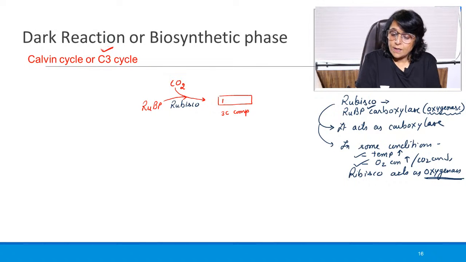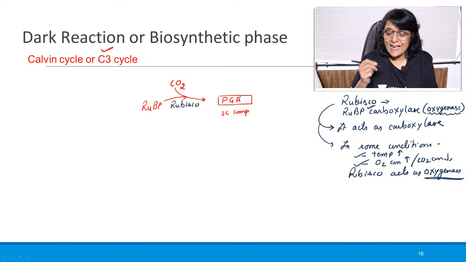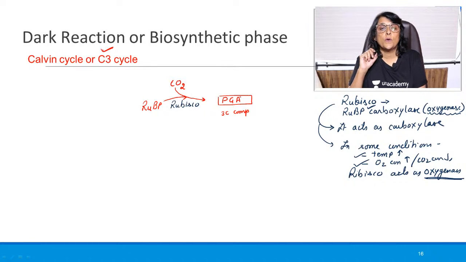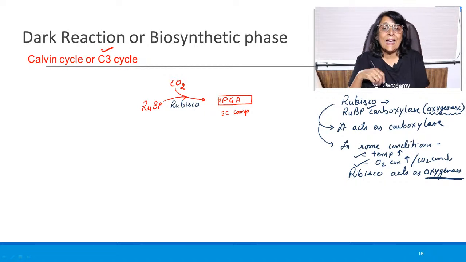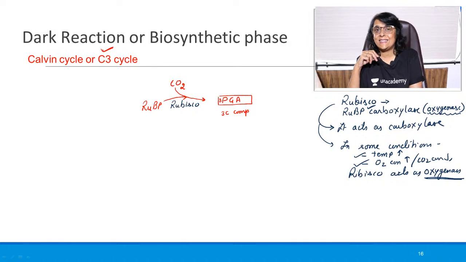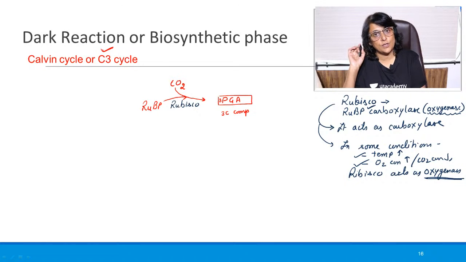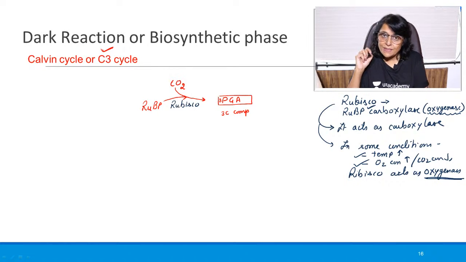It is phosphoglyceric acid or phosphoglycerate. It has a phosphate, and that phosphate is on the 3rd carbon, so it is known as 3-PGA. What has happened so far is only carboxylation, addition of carbon dioxide to RUBP.